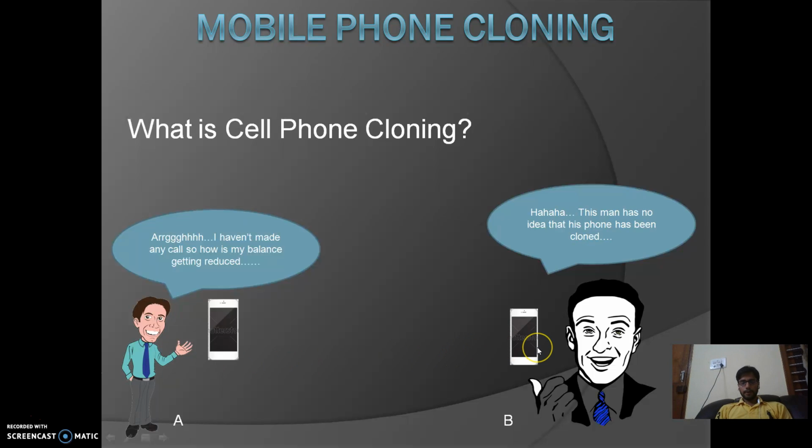Now B is trying to make a call to some other person, say C. When B is calling C, he is using the same contact number as that of A. So whenever he makes a call to C, he is using the contact number XYZ. Whatever the charge is, it is charged to A, not to B. This is how the cloning has been done. Now going ahead, we will see how it is done.